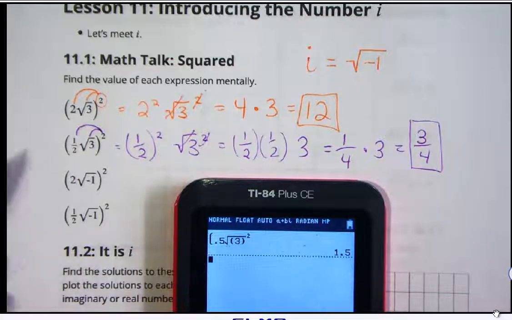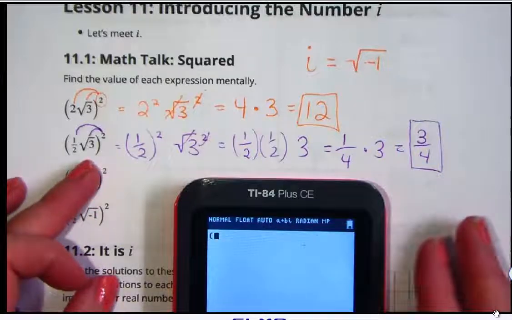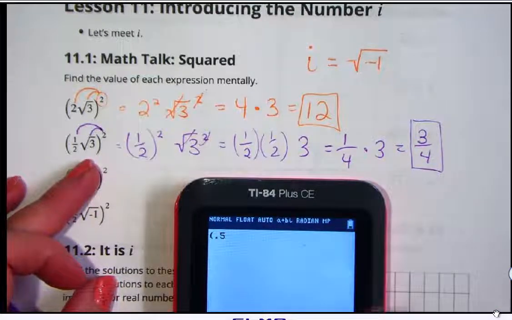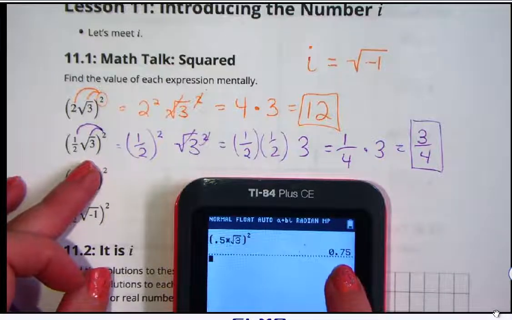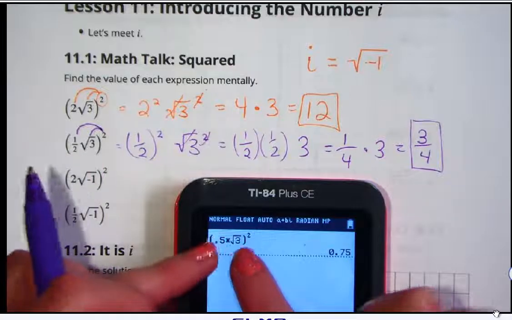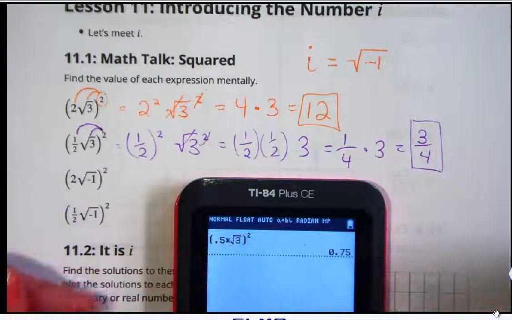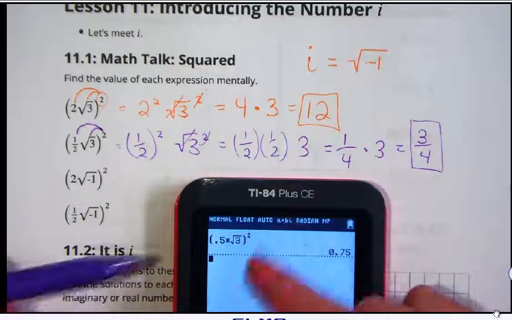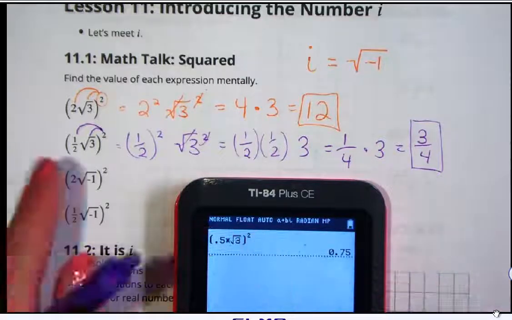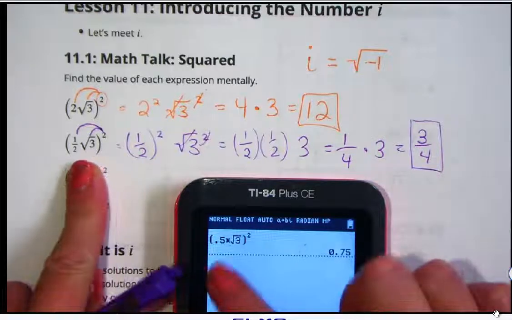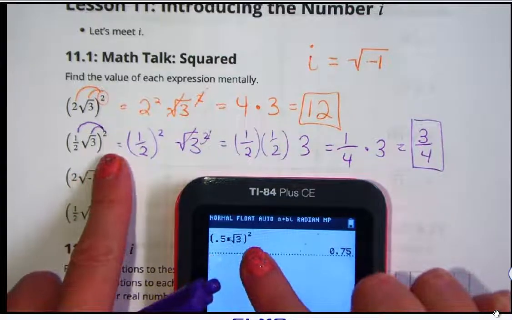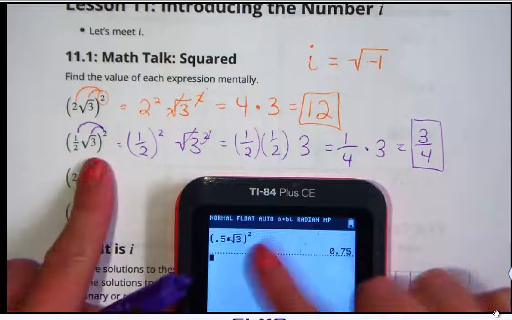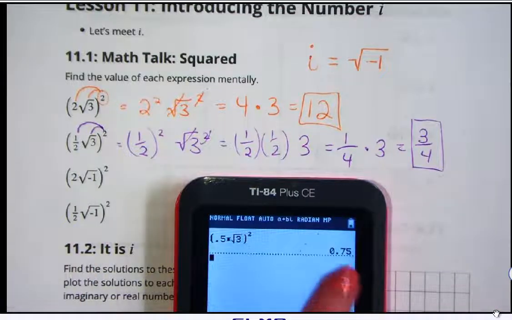Oh, I see what I did, sorry. There we go, that makes more sense. Sorry, my error of how long my radical was going across made that an incorrect answer. I have to follow my own rules of being careful that what's inside the parentheses matches what we start with inside the parentheses. So 1/2 times the square root of 3, parentheses squared, does equal 3/4, 0.75.